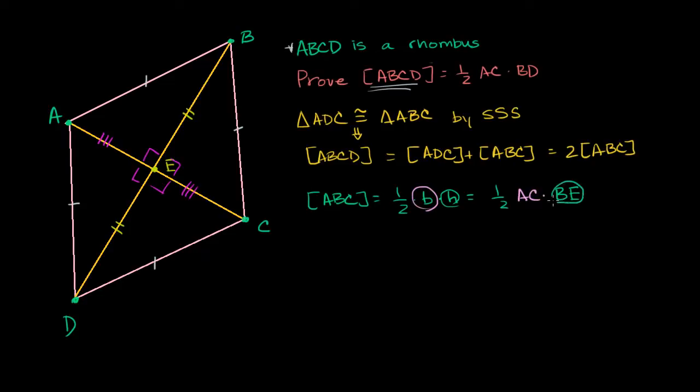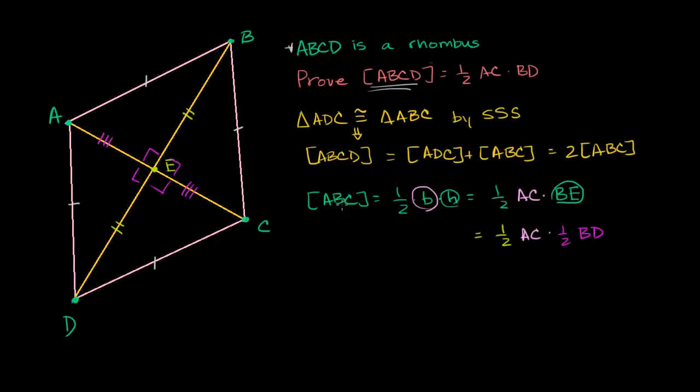Or we could say BE is the same thing as 1/2 times BD. So this is equal to 1/2 times AC, that's our base. And then our height is BE, which we're saying is the same thing as 1/2 times BD.